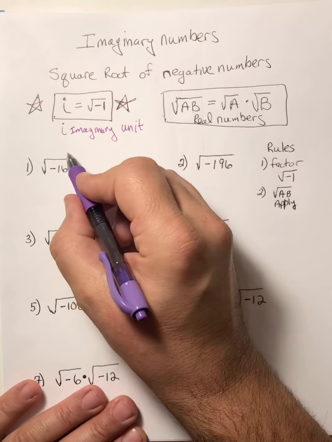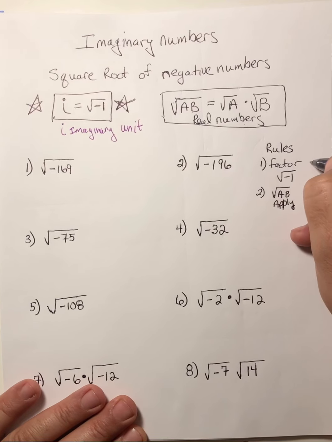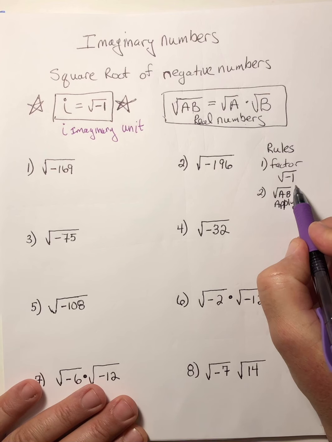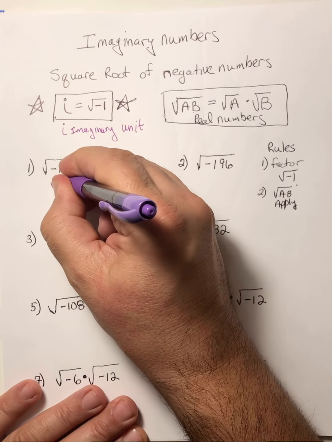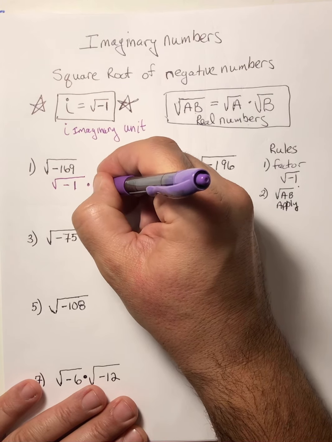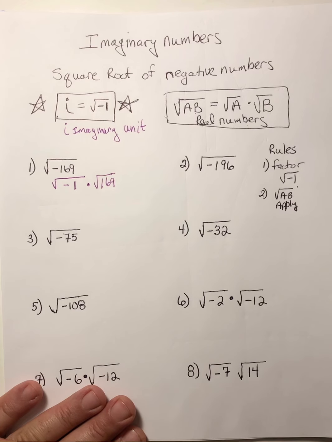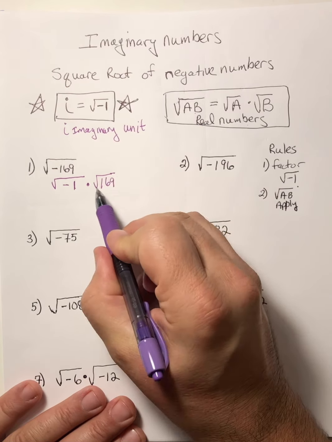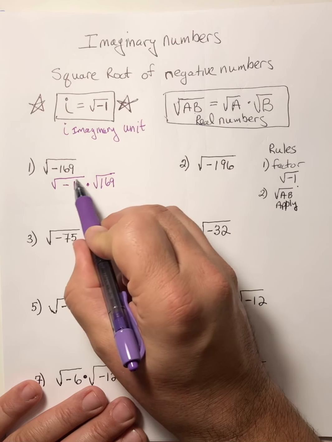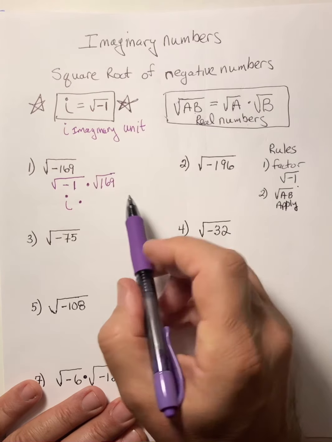The very first thing that we have to do is pluck out the I. So rule number one is we factor out the square root of negative 1. We write the square root of negative 1 times the square root of 169. Then the square root of negative 1, we just write as the letter I, times the square root of 169.